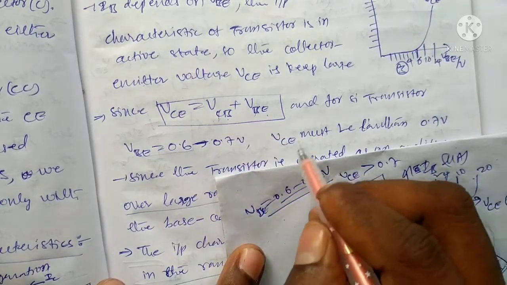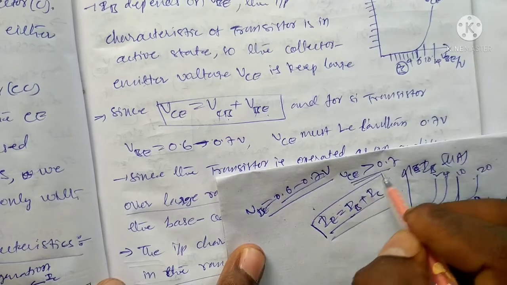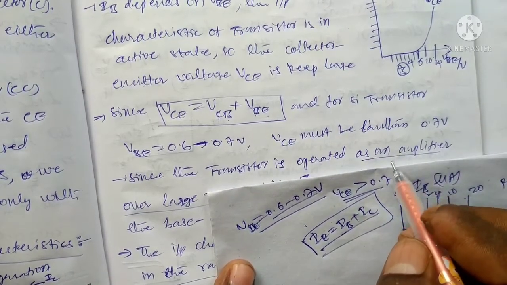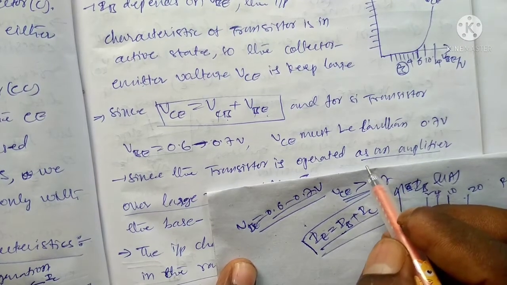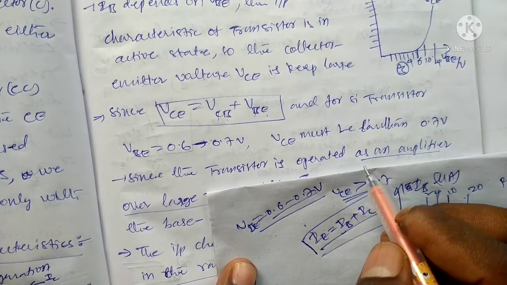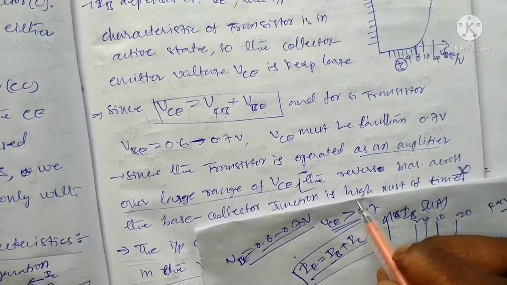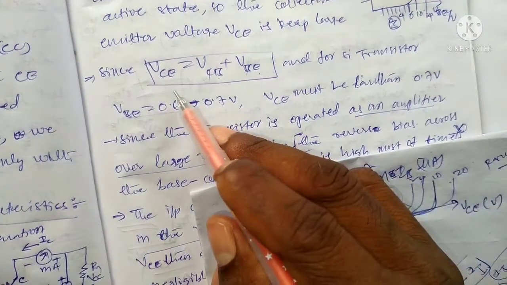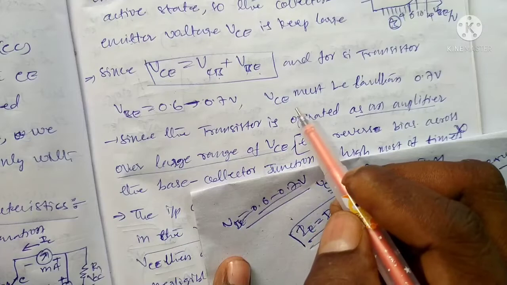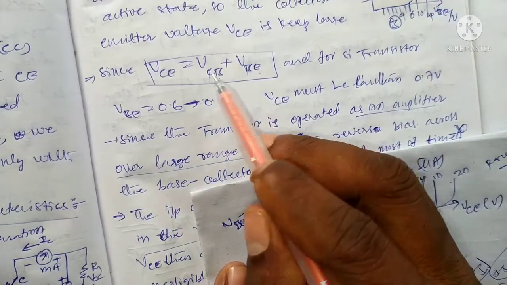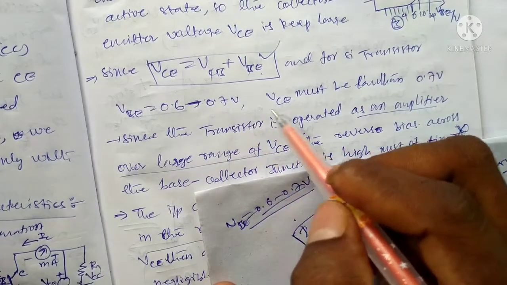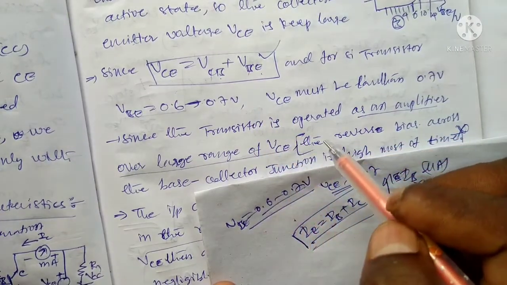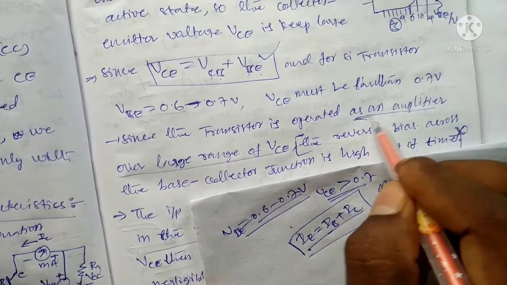So VCE is greater than 0.7 volts. That is a silicon transistor operating as an amplifier, where VCE is very large. In the CE configuration, this operates as an amplifier.